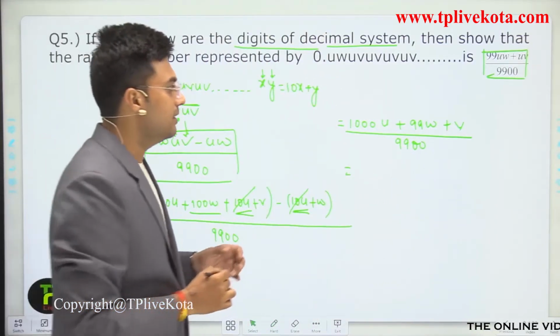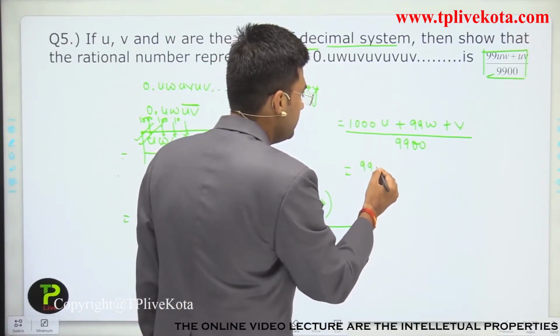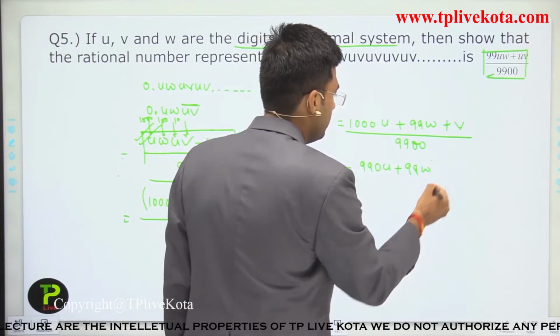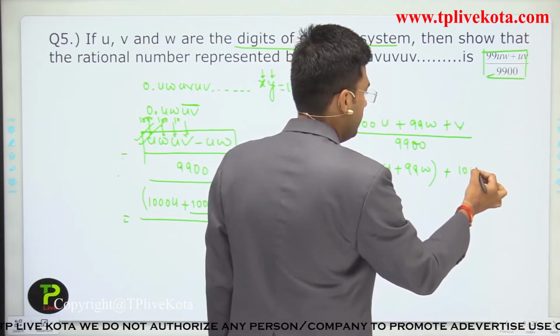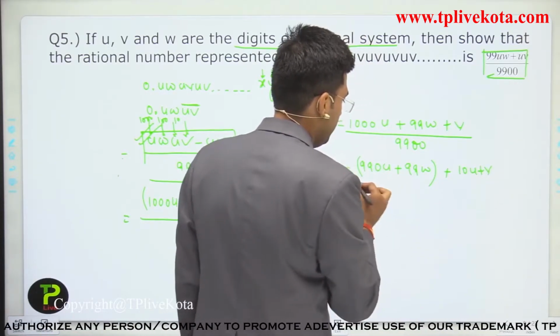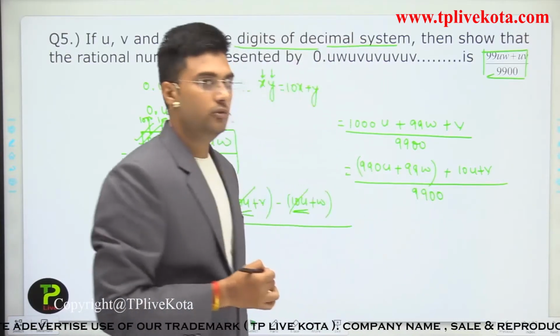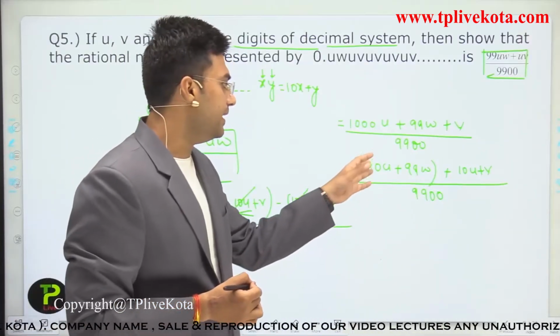Now students, we can write it as 990u plus 99w plus 10u plus v divided by 9900.